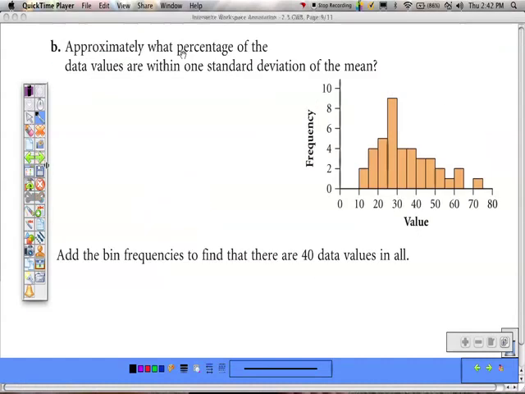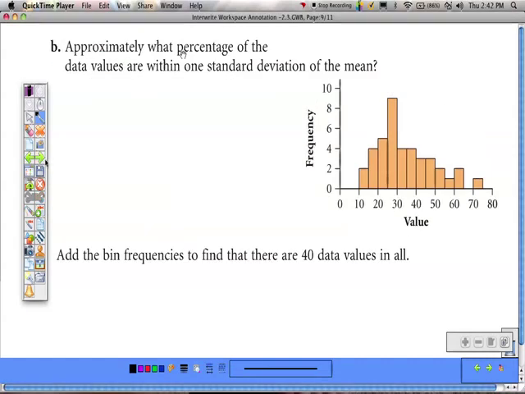Let's look at the next problem. Approximately what percentage of data values are within 1 standard deviation of the mean? Okay. Well, for this one, we have to figure out where that is. Where is 1 standard deviation of the mean? So 1 above and 1 below. Keep in mind that the mean was 34.05.